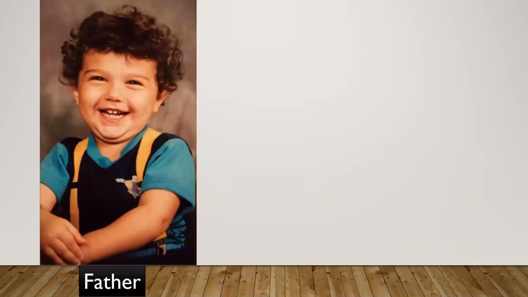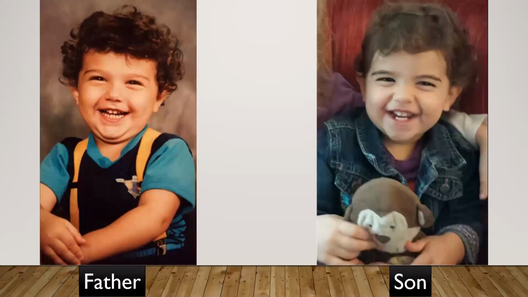So that's the father's image when the father was small, and the second one is the son's image. Now looking at the pictures, what is your first reaction? What does the image say? Yes, the first thing which comes to mind: oh my god, they are very similar.